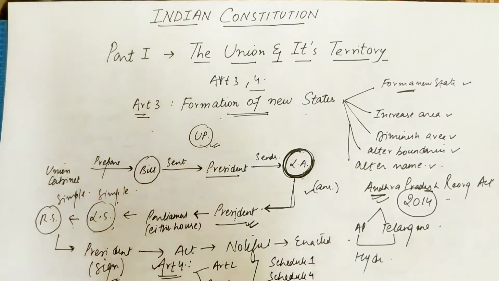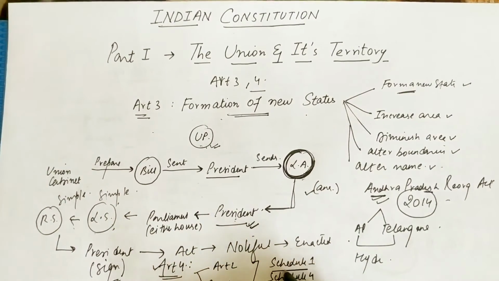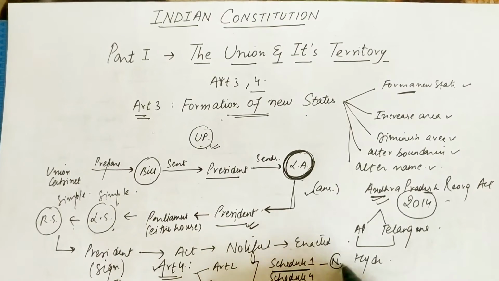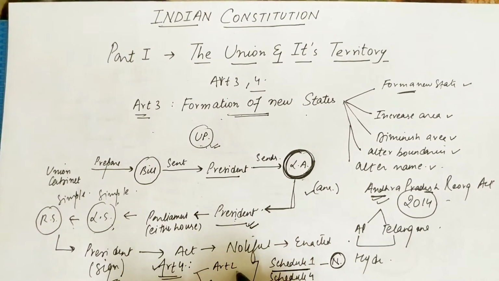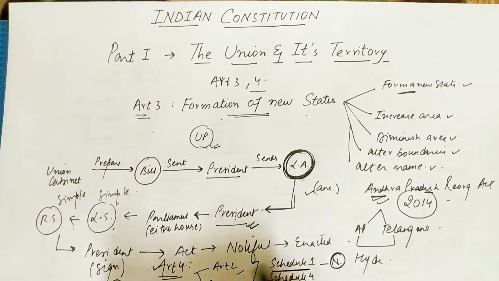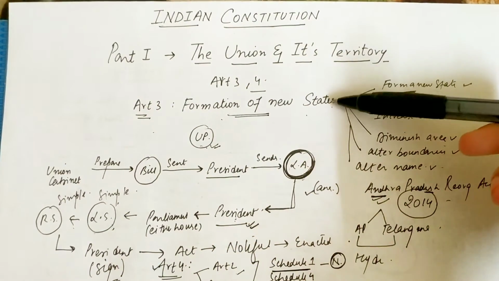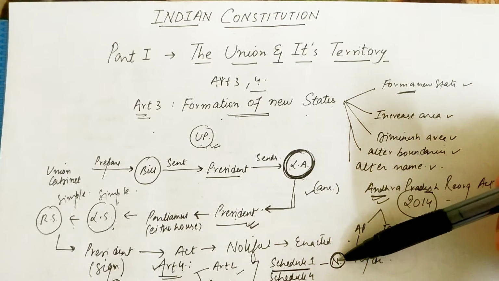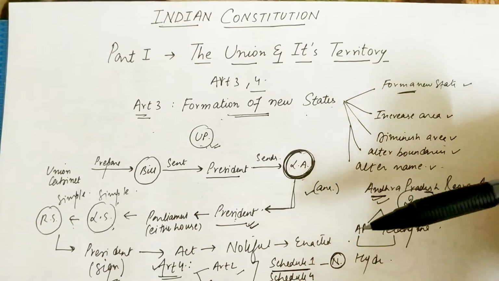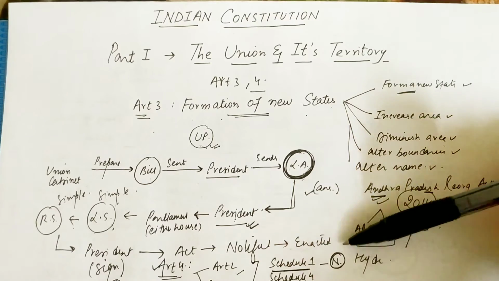Now, if you have gone through my first video, you would know Schedule 1 comprises the names of the states and the territories of our union. So obviously when a law is made under Article 2 and Article 3 and a new state is formed, the new name has to be updated in Schedule 1 of our constitution. So automatically Schedule 1 has to be amended.